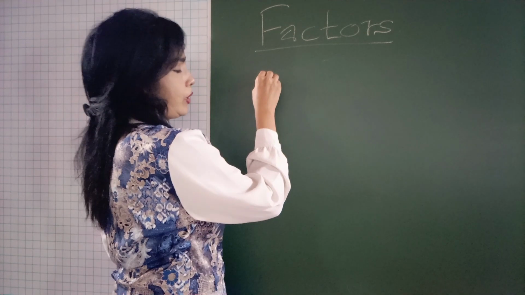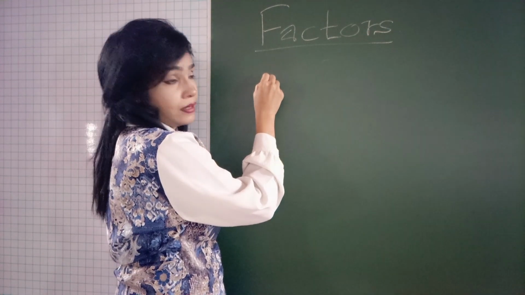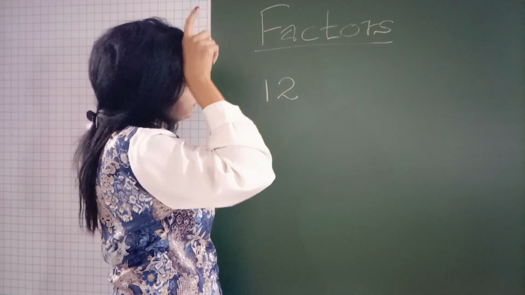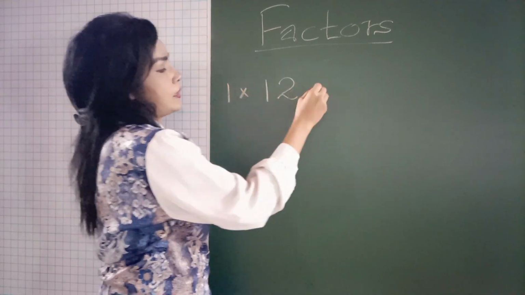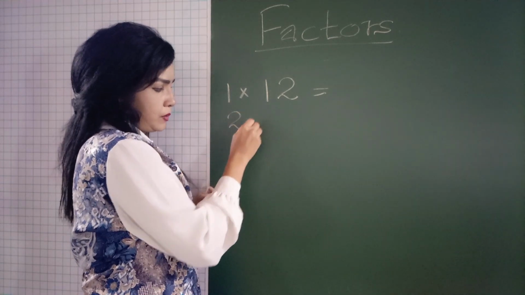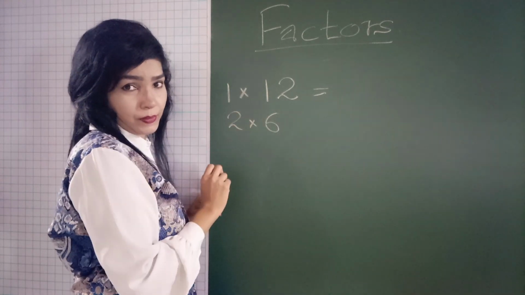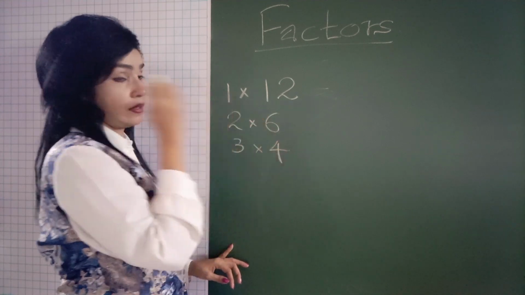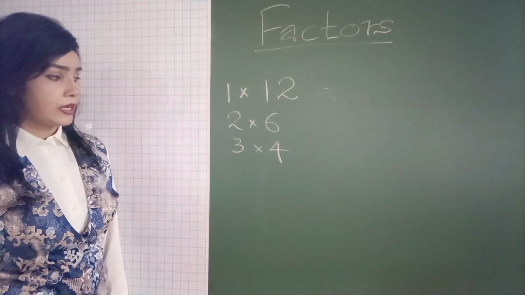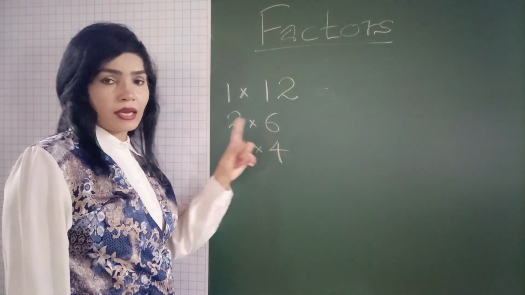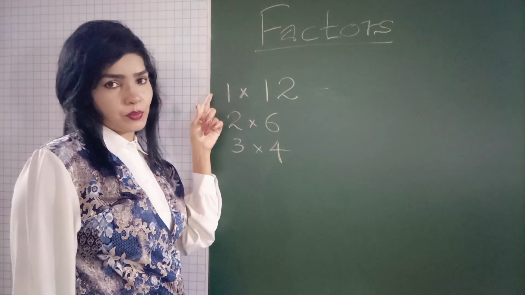So, I write 12. 1 times 12 is 12, 2 times 6 is 12, 3 times 4 is 12, right? So 4 times 3, once again the same thing. 6 times 2, once again the same thing. 12 times 1, once again.